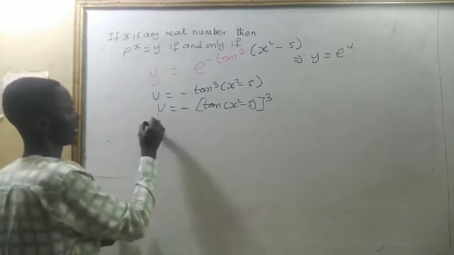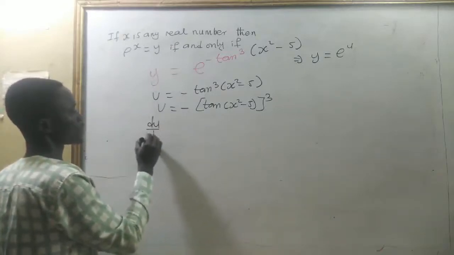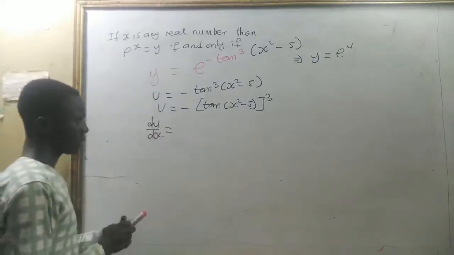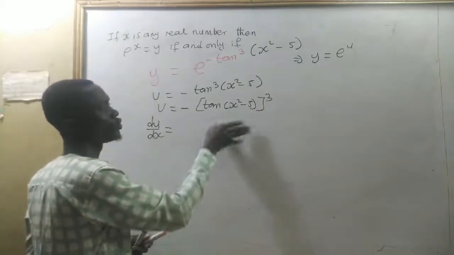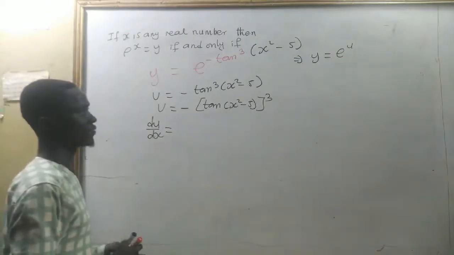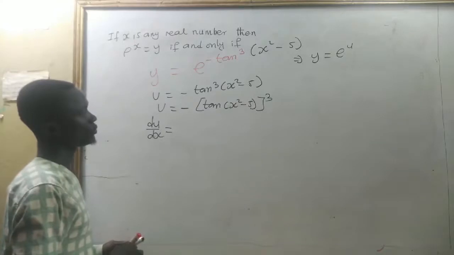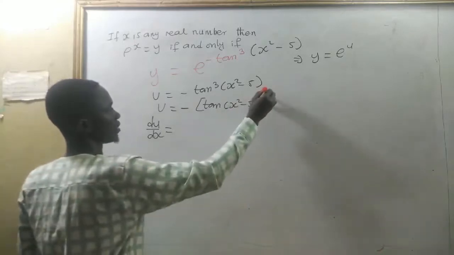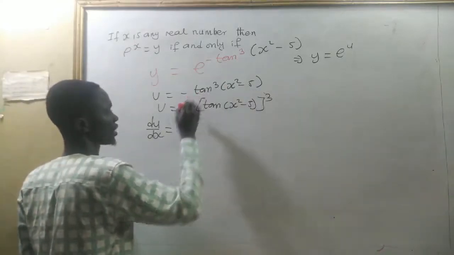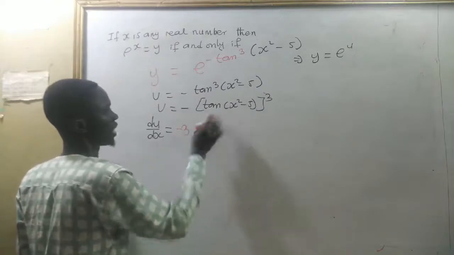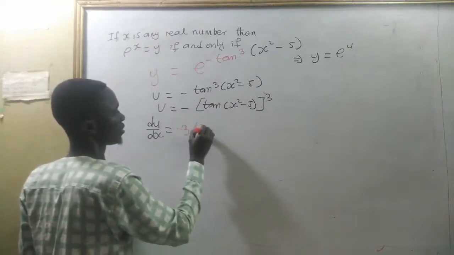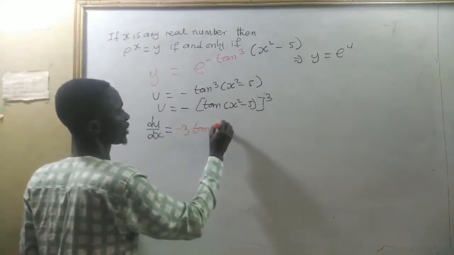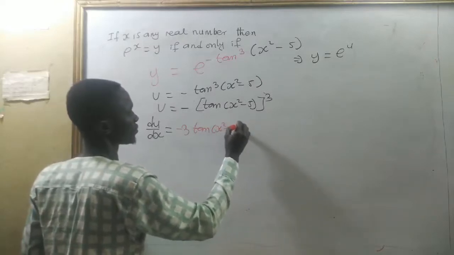Now, here the derivative of u with respect to x will be given by, if you want to differentiate this, you go through the chain rule. And for the chain rule, this 3 will come and multiply the original function. So you have minus 3, and the original function is tangent of x squared minus 5.